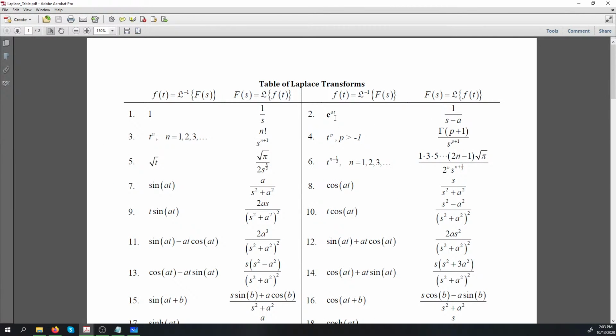So this will be for e to the at being 1 divided by s minus a, but in this case we will have e to the minus at here as such.